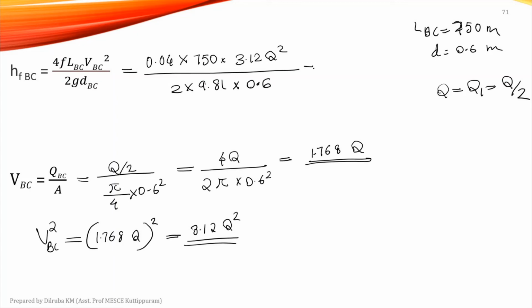Substituting all the values and doing the math, we will get the value as 7.95 Q square.